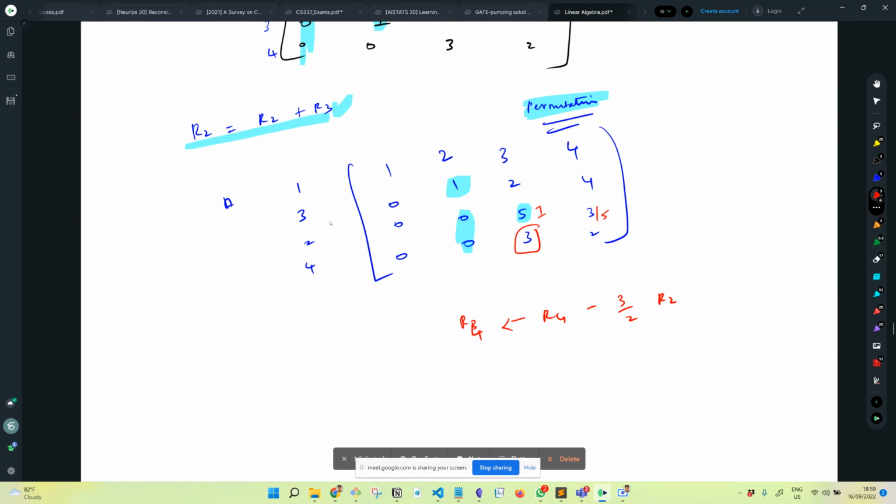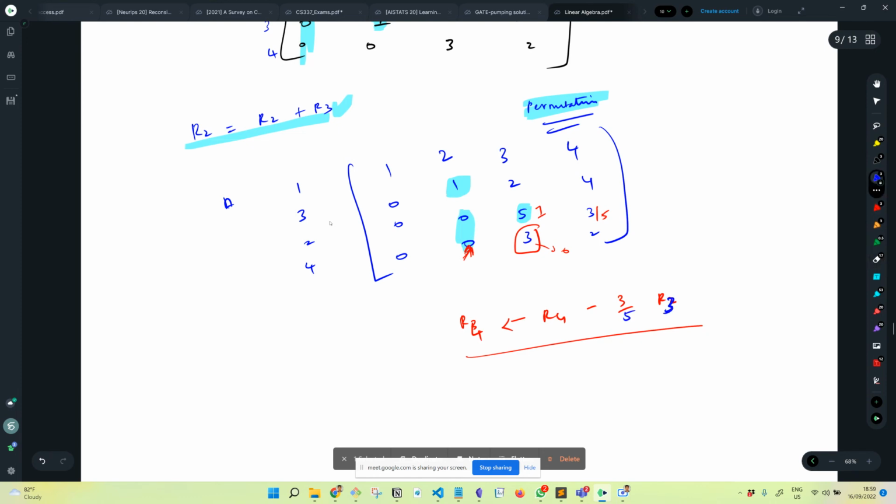You should not do this. Why? Because if you apply this operation, this entry will become 0, but this entry will get disturbed, right? A correct operation here will be R4 equals R4 minus 3 by 5 times R3.